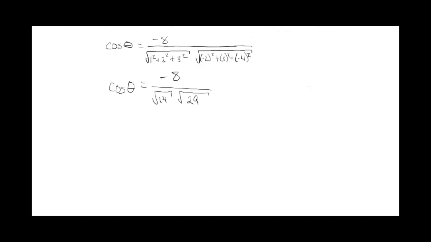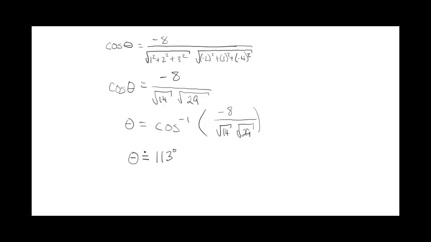And to get theta, you're just going to take the inverse cosine of this, -8 over root 14 root 29. So just work that out, put that in your calculator, and you will get approximately, to the nearest degree, 113 degrees.